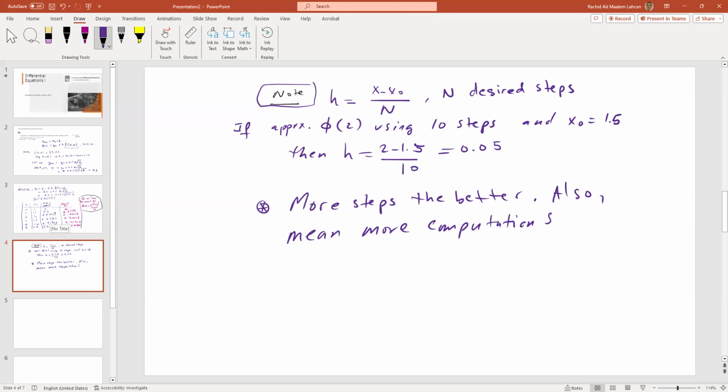There is a greater accumulated round-off error.